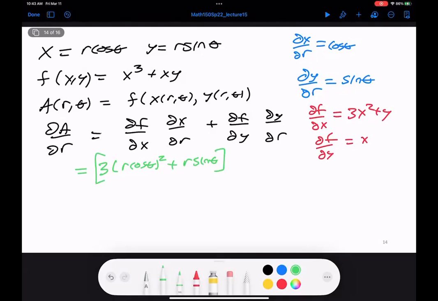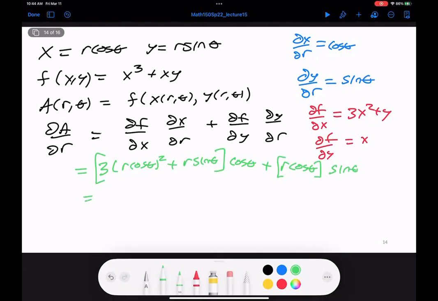What's dx dr? That's just cosine theta. Plus df dy. Df dy is x, but what's x in terms of r and theta? Just r cosine theta. And then we multiply that by dy dr, which is sine theta.